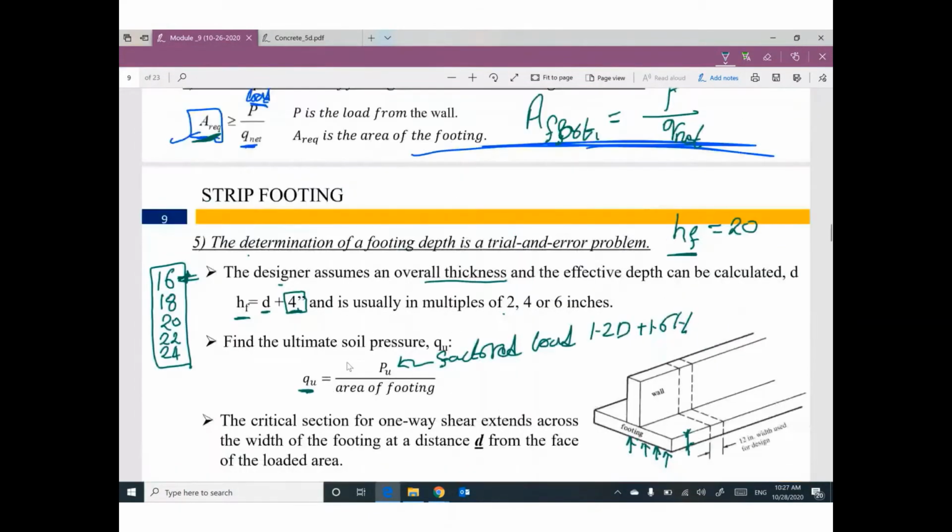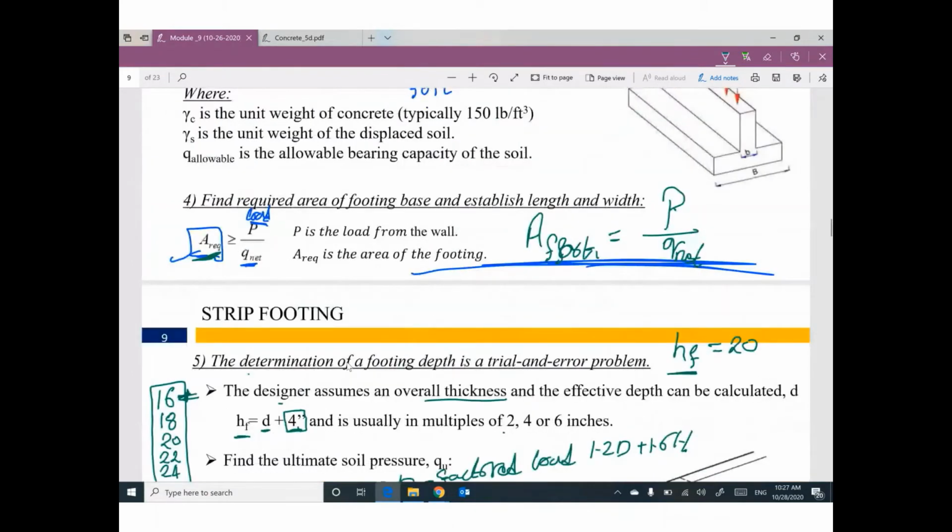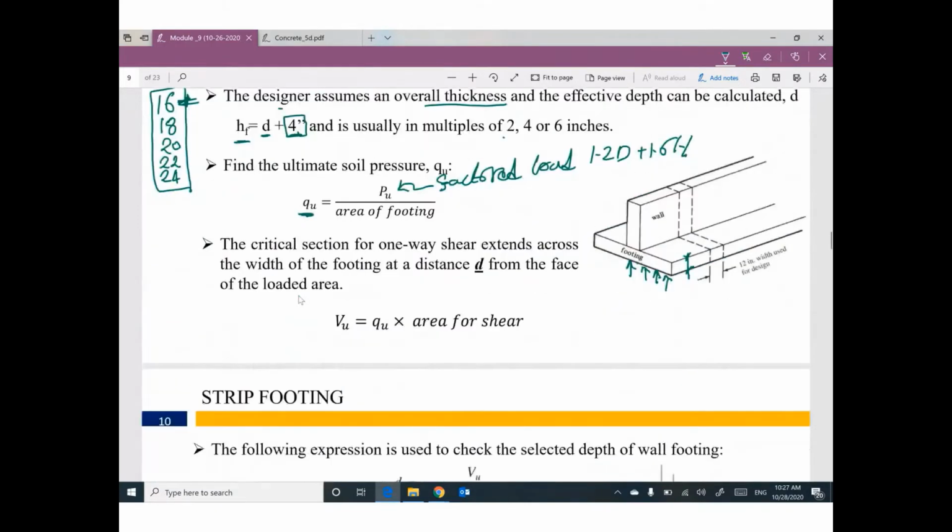The first one, if you are looking for area of footing, we are going to use the unfactored load, which is dead plus live without factor. If you are looking for ultimate soil pressure, ultimate means your load must be factored. So 1.2 dead plus 1.6 live divided by area of footing, I can figure out the ultimate soil pressure.